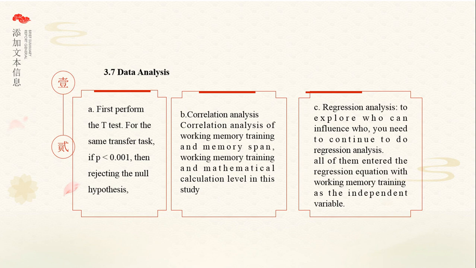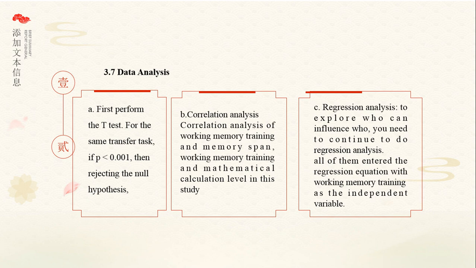Finally is the data analysis. For this part, I use three analyses. First is the t-test. For the same transfer task, if the p-value is less than 0.001, then reject the null hypothesis. And then the correlation analysis. The correlation analysis covers working memory training and memory span, also working memory training and mathematical conclusion level in this study.